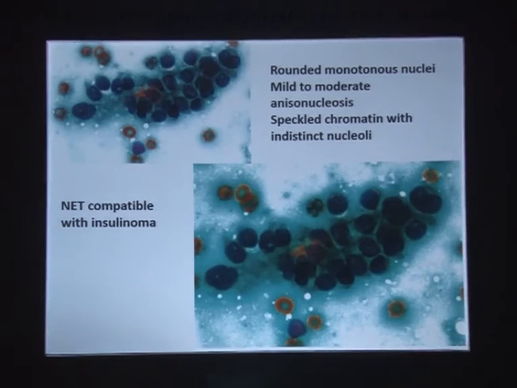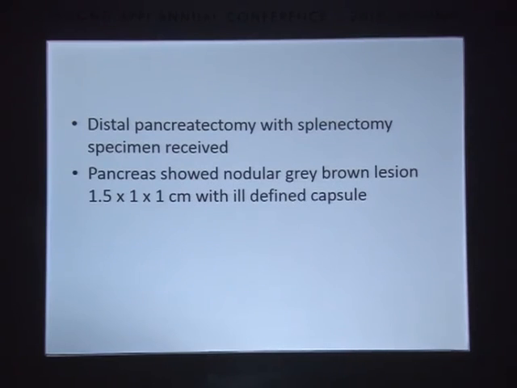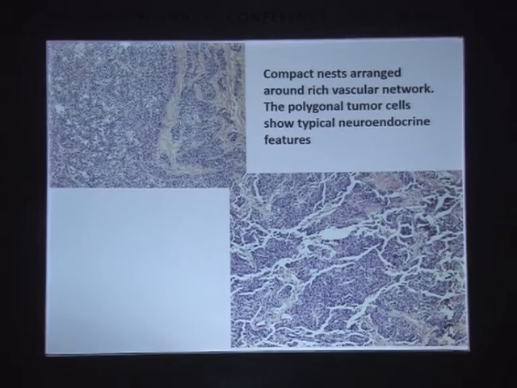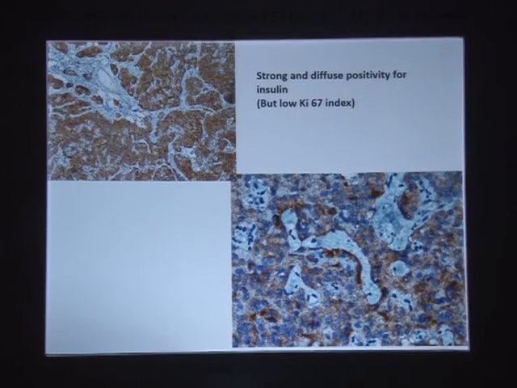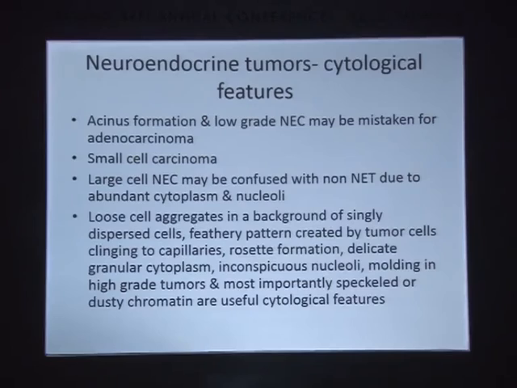So we called it compatible with neuroendocrine tumor, compatible with insulinoma, and the distal pancreatectomy specimen did show a classical morphology of insulinoma or neuroendocrine tumor, and it stained strongly positive for insulin with a low Ki index. So the diagnosis was not so difficult.